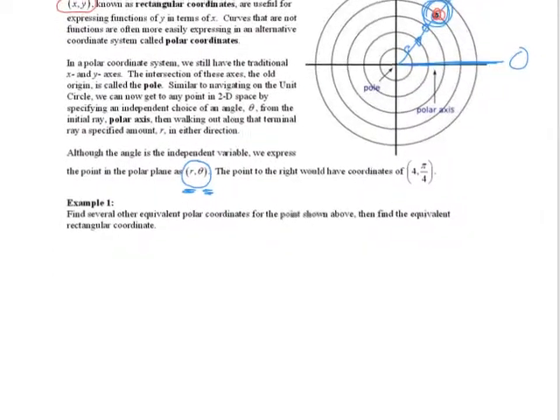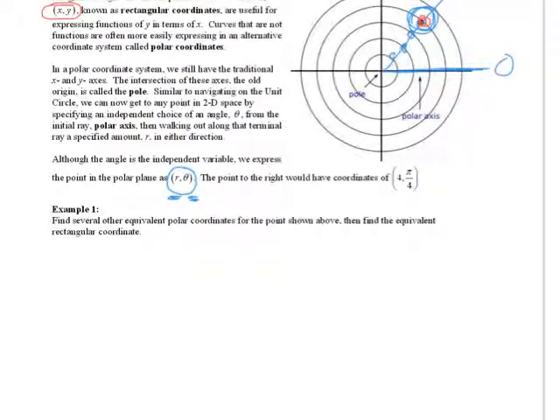Now let's find several other equivalent polar coordinates. We've already established that our polar coordinate (r, theta) is equal to (4, pi/4). But there are several other possible ways we could refer to that point. Perhaps we go out 4 units and then rotate pi fourths plus a whole other circle.